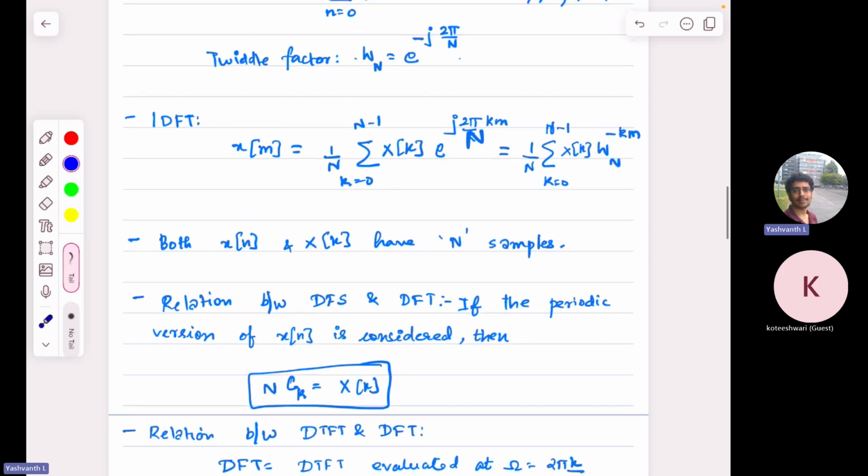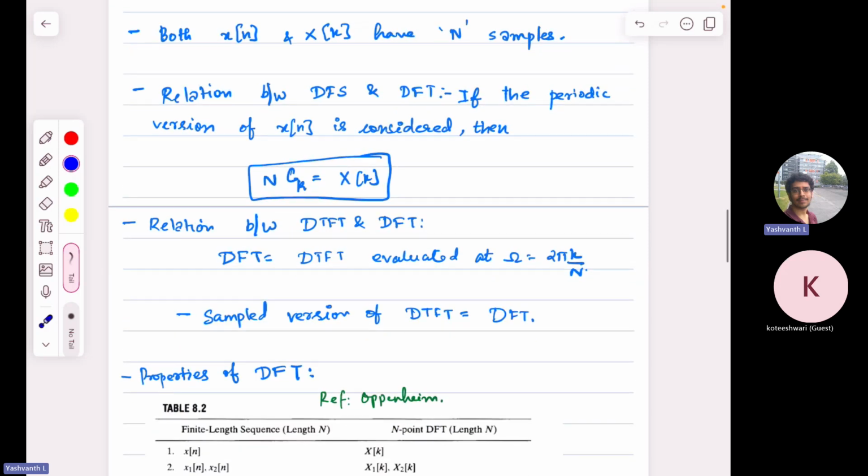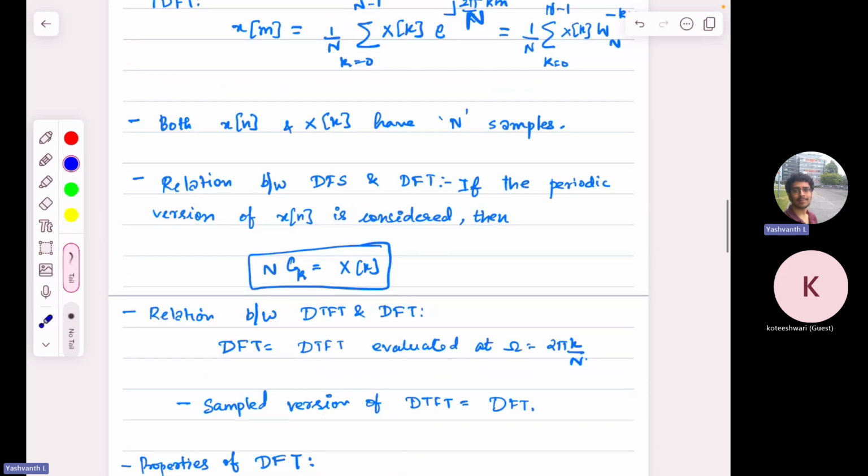That is basically the expression for inverse discrete Fourier transform. As I told you, both x of n and X of k will have the same number, capital N, of samples. Now, having studied discrete Fourier series and discrete time Fourier transform, all for discrete time signals, a natural question then is, how do you relate the discrete Fourier transform coefficients, that is these X of k's?